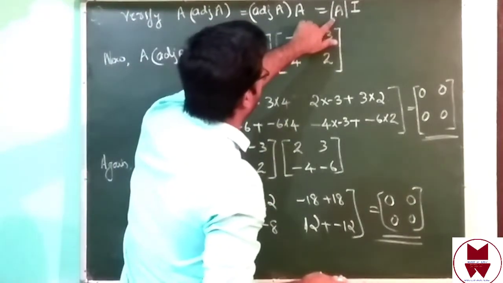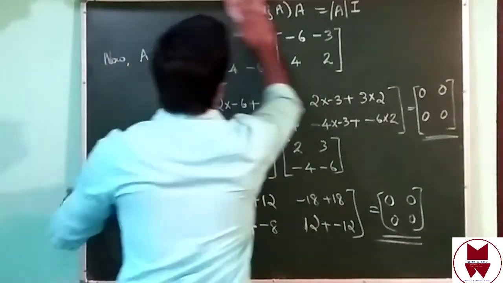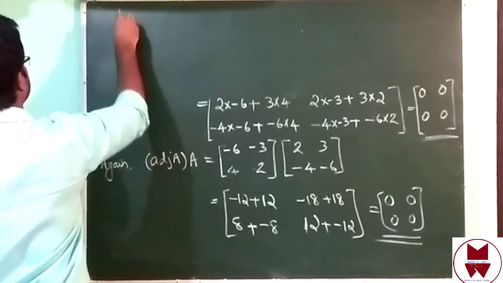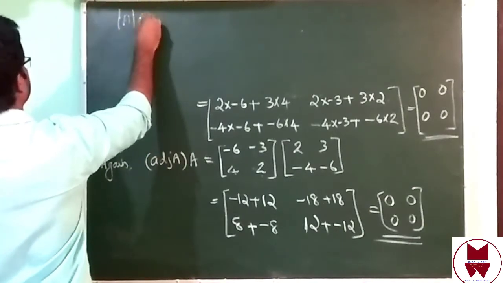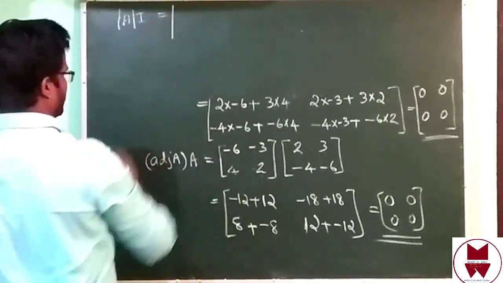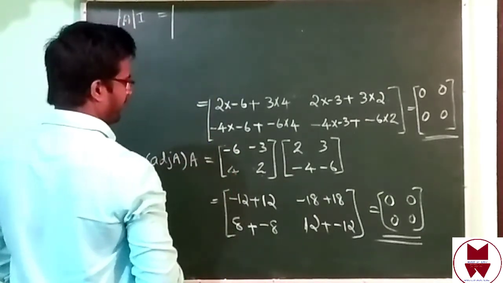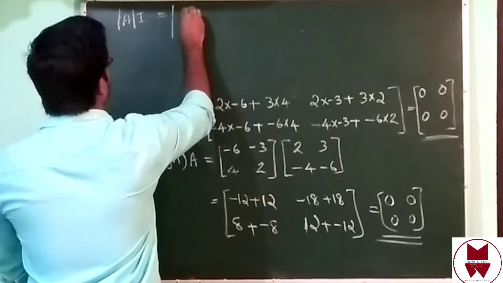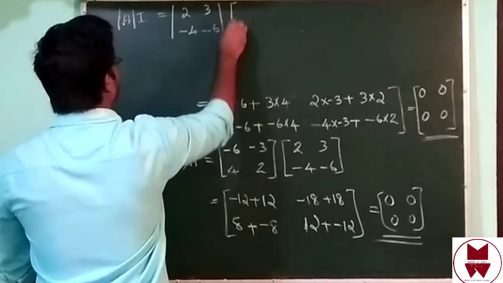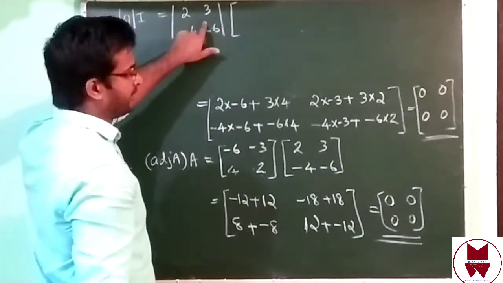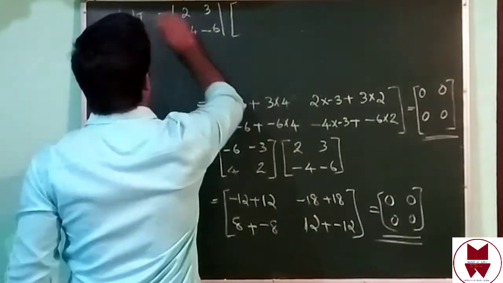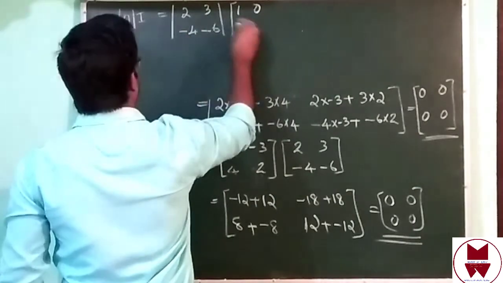Last part: determinant of A into I. First find the determinant of A. A is given. What is A? A means 2, 3, minus 4, minus 6, into the matrix. First take the determinant of A. Then I means the identity matrix of order 2.